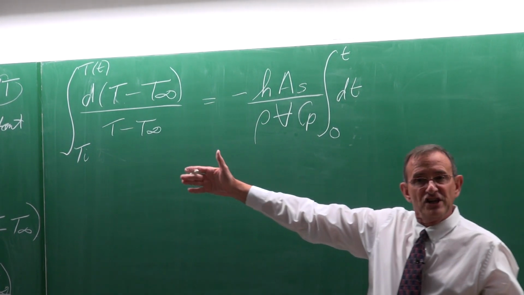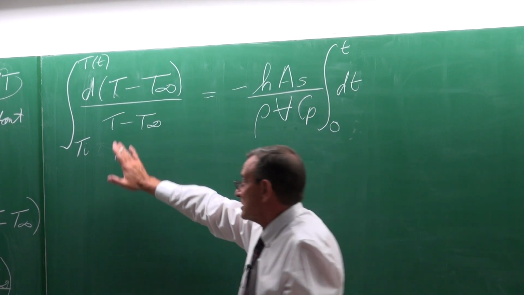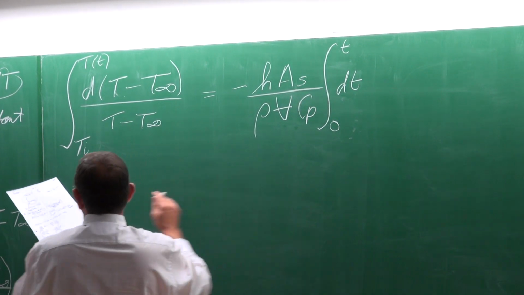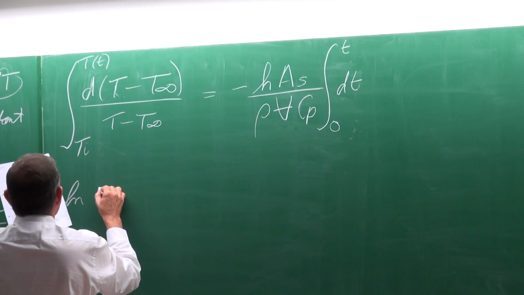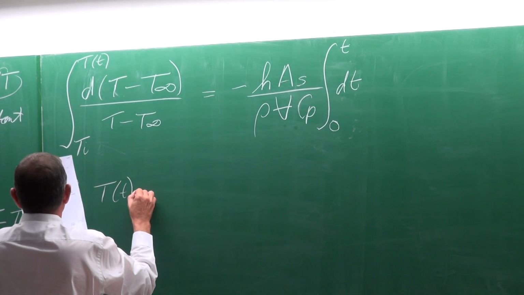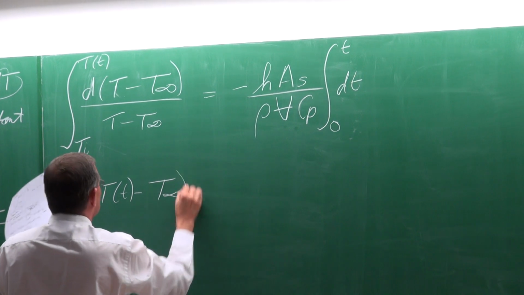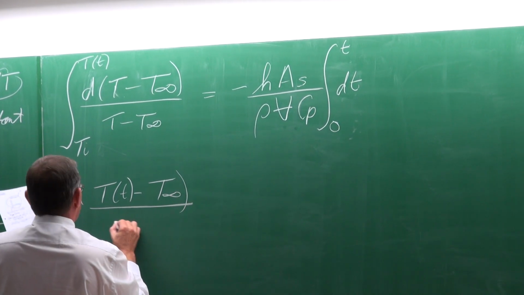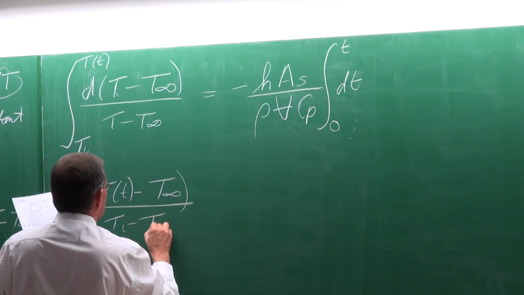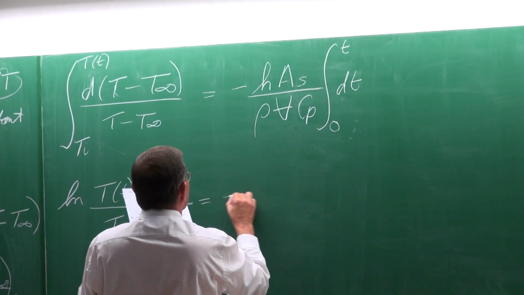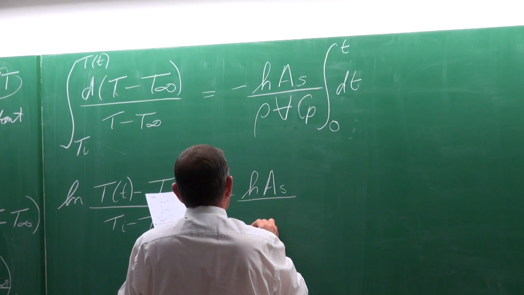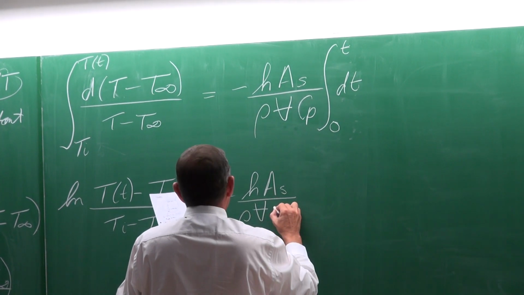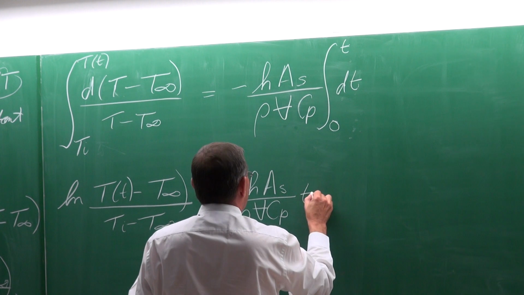If you do the integration, you all know how to do it. It's just a simple ln term. Clean it up and make it neat. Then you're going to end up with the equation: the ln of the temperature minus T infinite divided by Ti minus T infinite is equal to minus the heat transfer coefficient multiplied by the surface area, rho V Cp, multiplied by t.